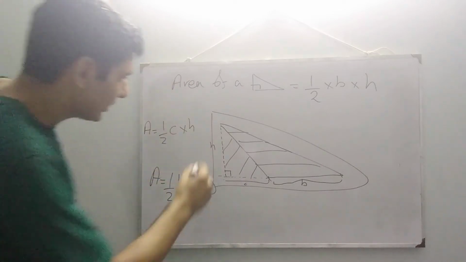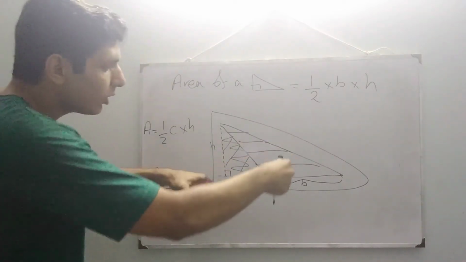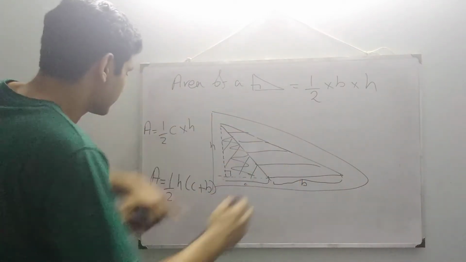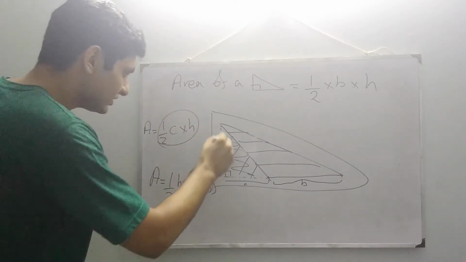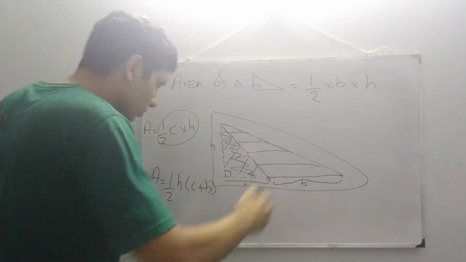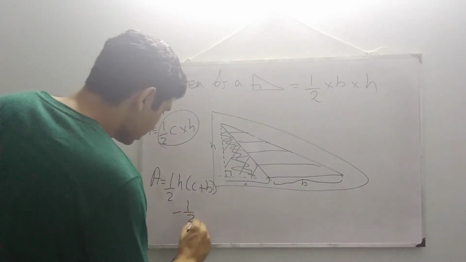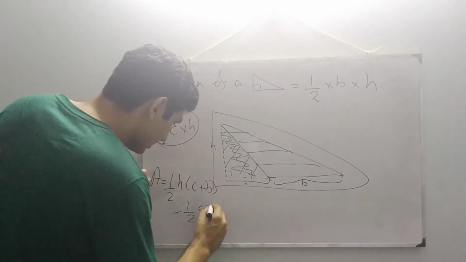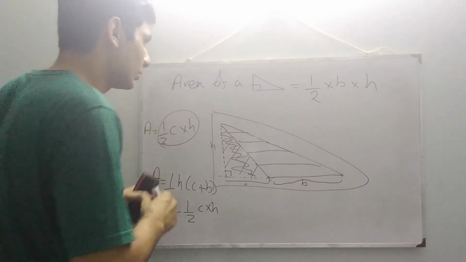If I take away this bit from the whole, I'll be left with the area of interest. Half of C times H. Let me just write it down over here.